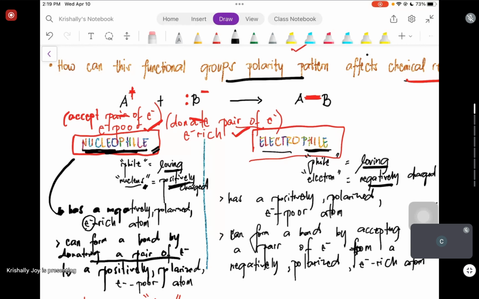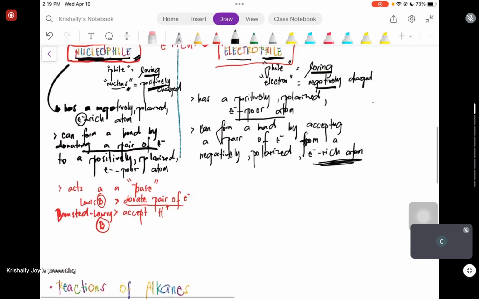So that's the definition of electrophile. Since it is electron poor, it will be more attracted to the electron-rich atom. So opposites attract. That's how you define nucleophile and electrophile.